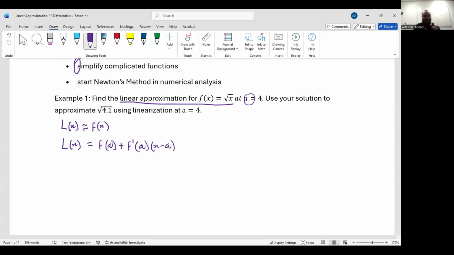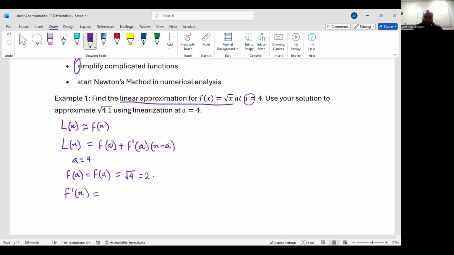Meaning we need to find, so I will say that our a equals 4. So we need to find f of a, which is f of 4. And that is square root of 4, which is 2. We need that. Now we need to compute the derivative.